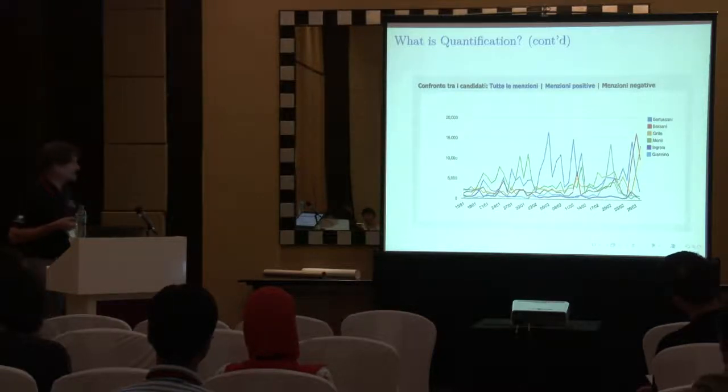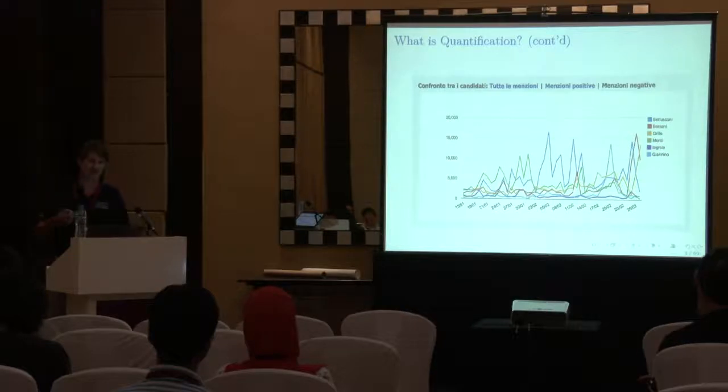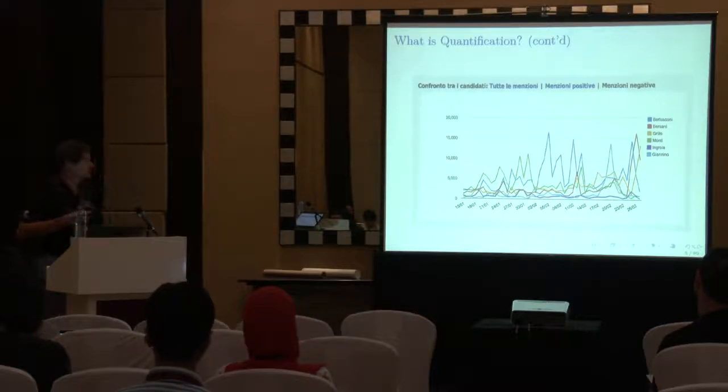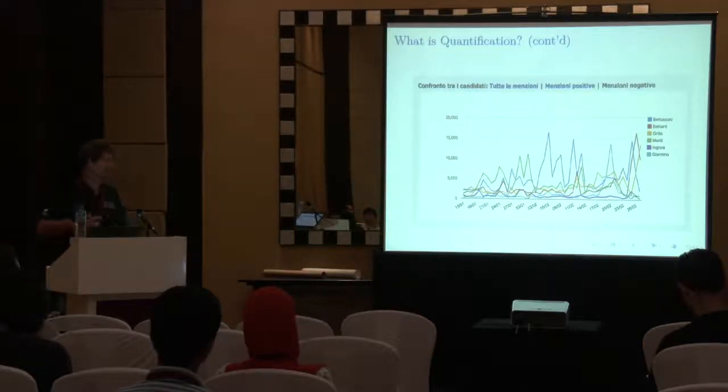So this is another example. This is from a couple of years ago, when in Italy we had political elections. When there are political elections, most news portals come up with graphs like this, in which positive mentions and negative mentions of the different candidates are recorded on a time scale. For instance, we have a fairly colorful politician called Silvio Berlusconi, and he got a peak of negative mentions on February 2 because he had come up with some outrageous statement.